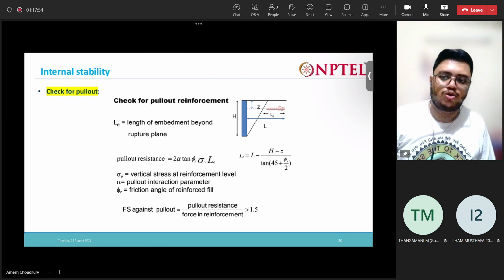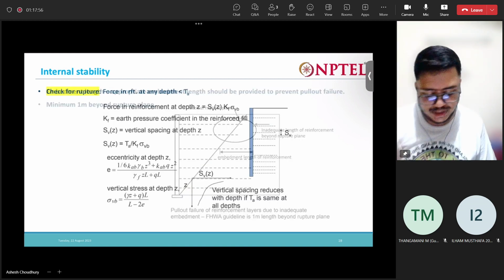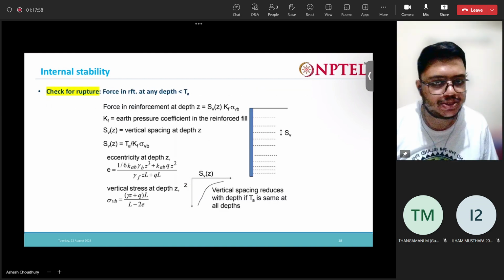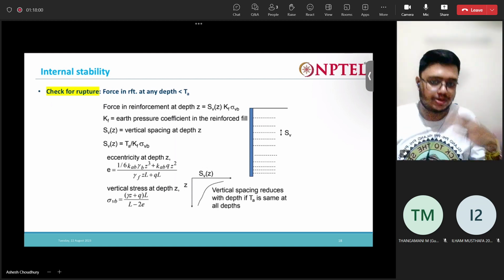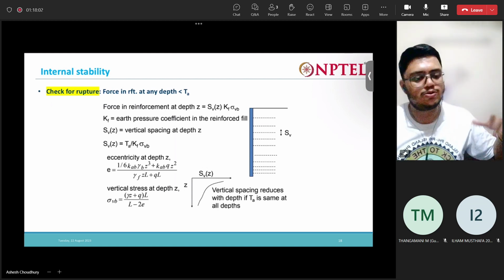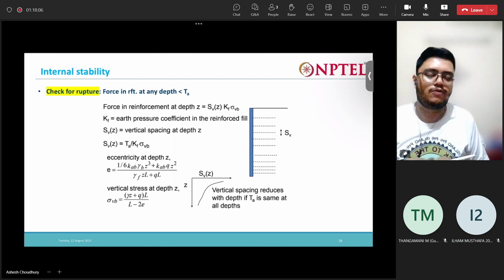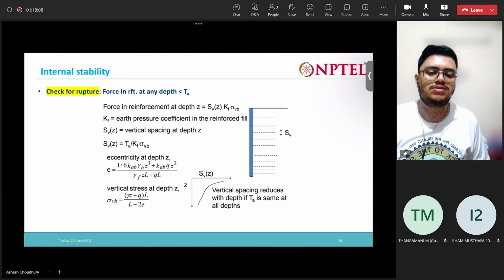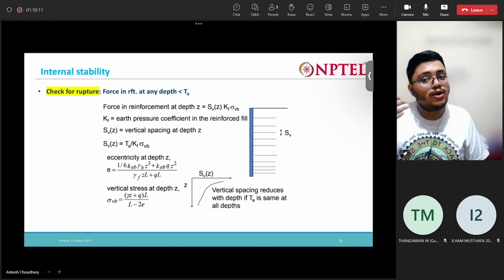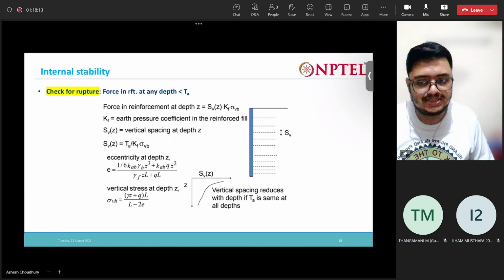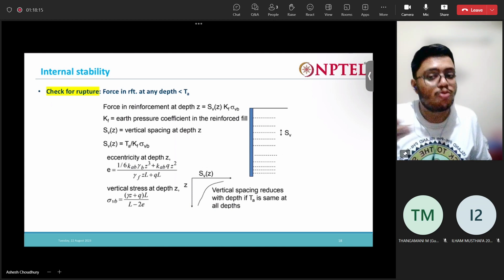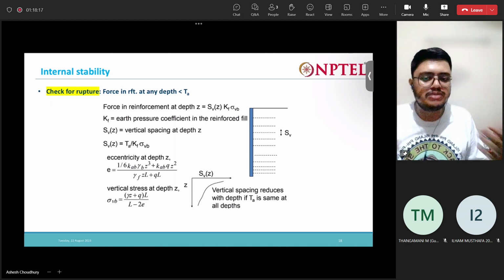Now, we already studied how to check for rupture. We will solve problems, right? Don't worry. As we progress in the course, we will be designing reinforced soil walls ourselves. We will see how to design, how to calculate all these things, how to calculate the force in reinforcement.